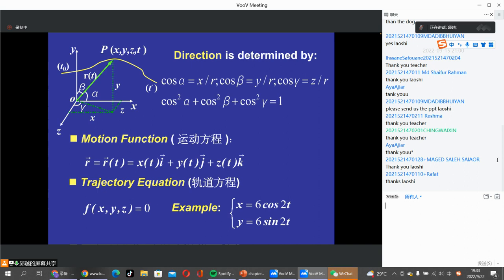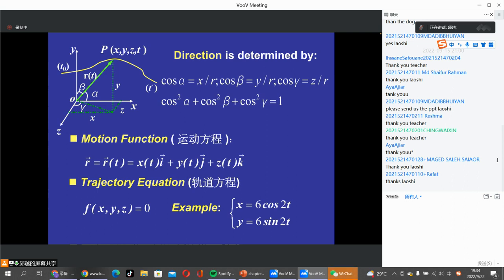Okay, I will give you the answer. In this example, x equals 6 cosine 2t, y equals 6 sine 2t. The x component and the y component are determined by time t. So it is a motion function.